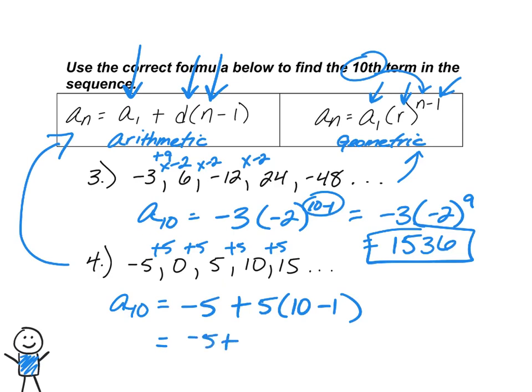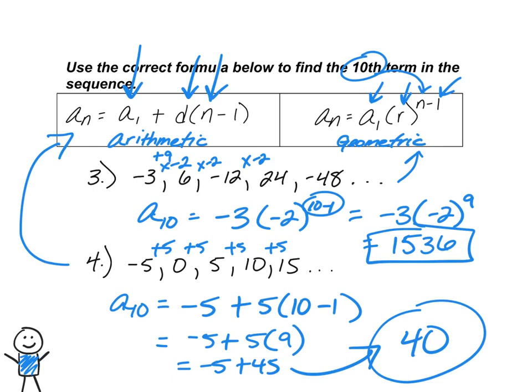Negative 5 plus 5 times 10 minus 1 is 9, giving me negative 5 plus 45. So the 10th term in my sequence here would be 40. So if my first term was negative 5 and our common difference was positive 5 every time, the 10th term in this particular sequence would be 40.